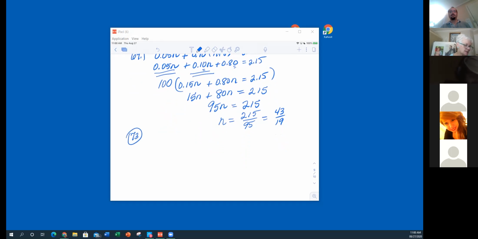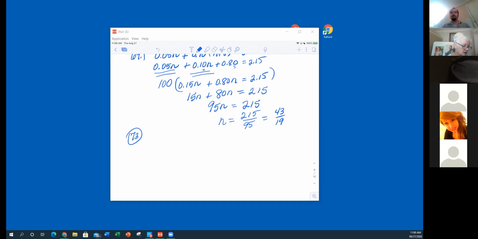Fencing. This is just trying to give you an application, but let me just tell you, generally speaking, don't let the application problems in any way, shape, or form intimidate you, because half the time they give you an application, but then they just give you the problem. For example, on this one, it says, Micah has 74 feet of fencing to make a dog run in his yard. He wants the length to be 2.5 feet more than the width.